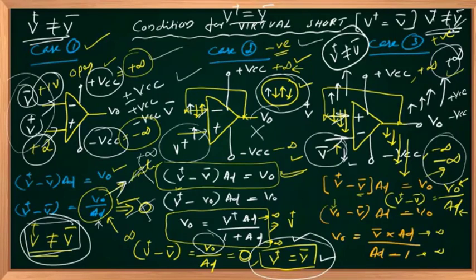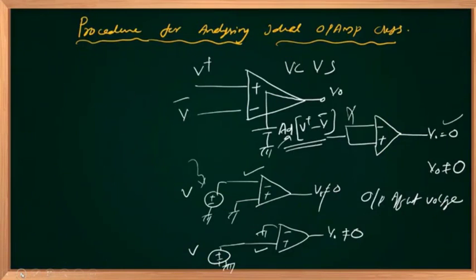So, let us move to the next slide. That is nothing but the procedure for analyzing ideal op-amp circuits. What are the procedures you need? First procedure is to identify whether it is positive feedback or negative feedback.